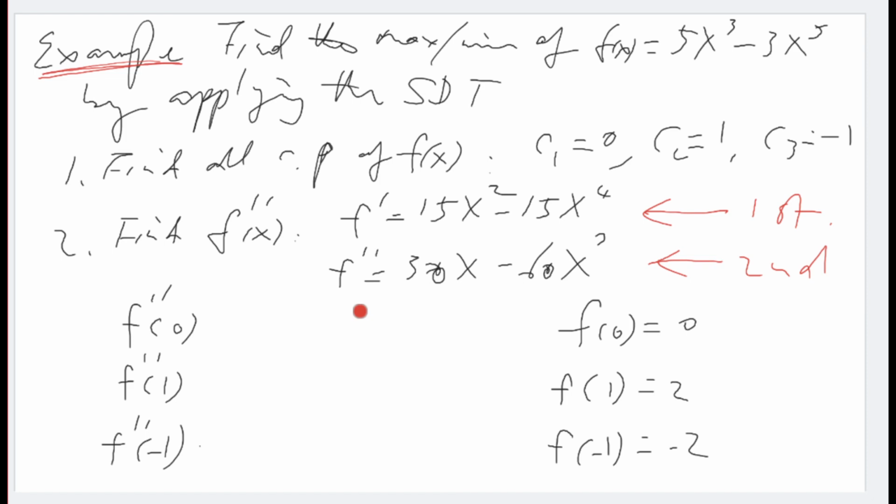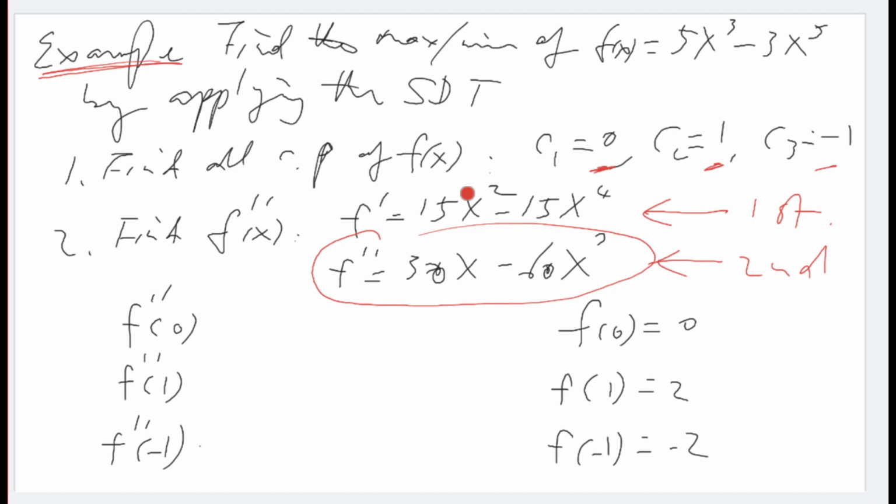And that's all. Now, the key is to check the second derivative at each critical value: at 0, at 1, at -1. So we would plug in 0. We would plug in this critical value for x.